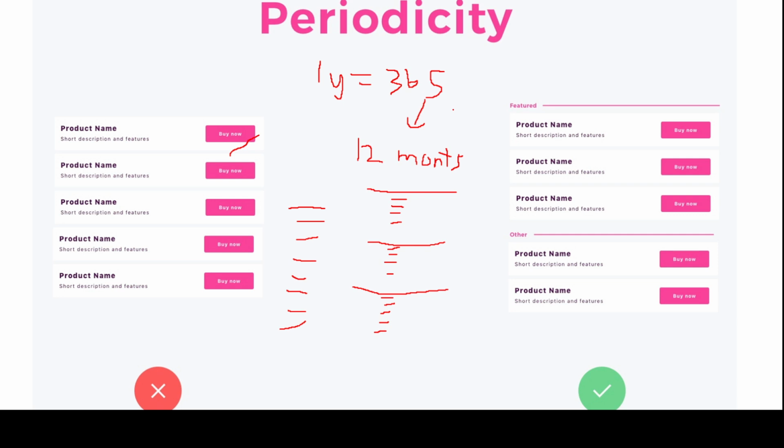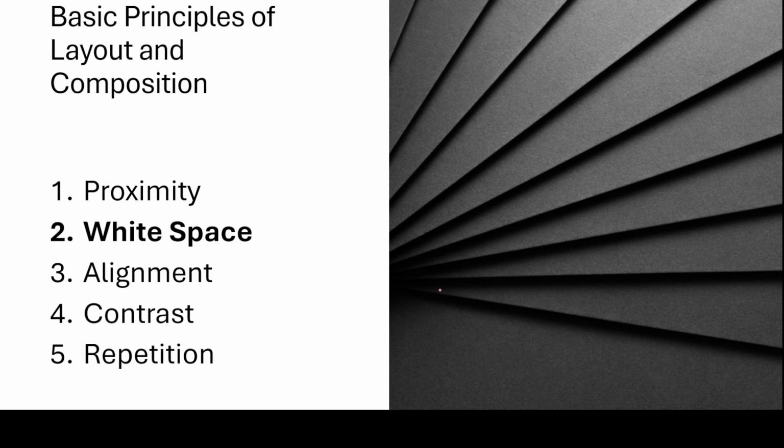But if you list all the days as 365 individual days, then people will have a hard time to choose. And in order to trick the mind of the user, you have to separate it into several sub sections, just like here for 12 months, and then each month has 30 days.